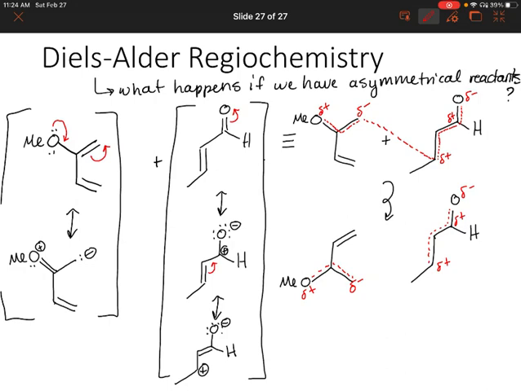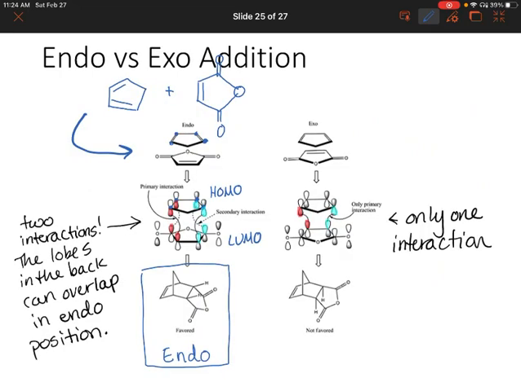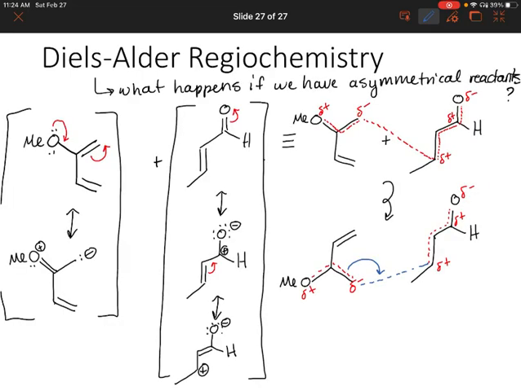Okay, so now what's going to happen is that pi bond can move over, create a bond. Oops. Oh no, I went back too far, sorry. And then this pi bond will move over. And then the final pi bond there will move over and we'll create our final product.